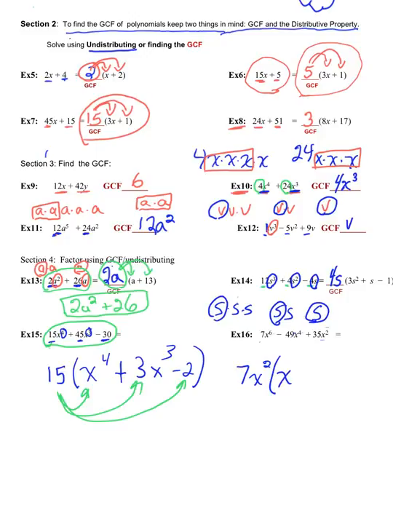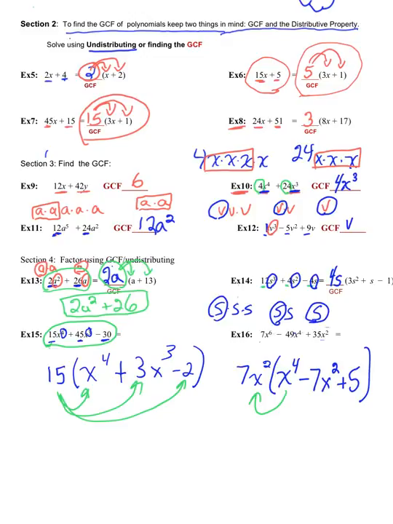So my first term inside the parentheses would be x to the 4th minus 7x squared plus 5. All right?